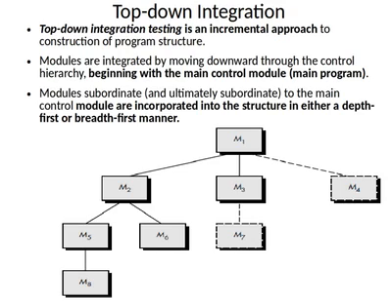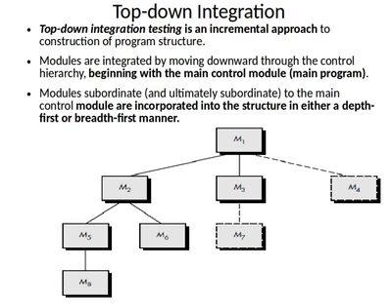Modules are integrated by moving downward through the control hierarchy, beginning with the main control module, that is, the main program. Modules subordinate, and ultimately subordinate, to the main control module are incorporated into the structure in either a depth first or breadth first manner.